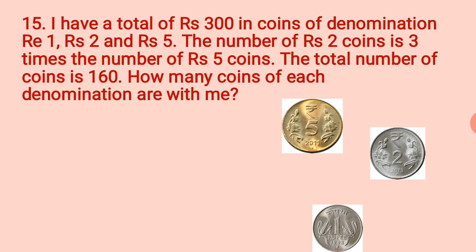So it means the number of 2 rupee coins is more as compared to 5 rupee coins. The total number of coins is 160. So that also you know, in all the number of coins is 160. How many coins of each denomination are with me?